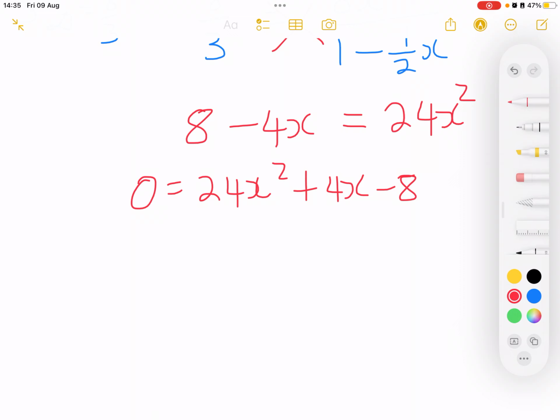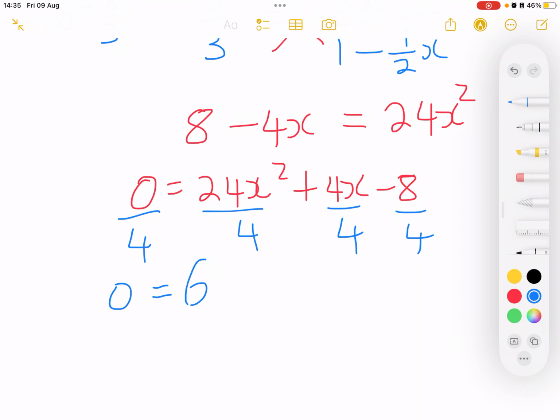Then we can divide throughout by a 4. So 0 is equal to 24 divided by 4 will be a 6, x squared plus x minus 2.